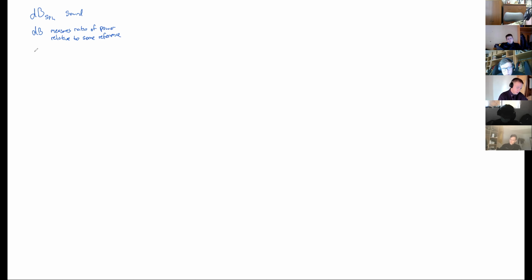And for circuits, we use it to measure the magnitude of the system gain. We don't use it to measure phase, only the system gain. That's because for a filter, we often care about very large ratiometric differences.